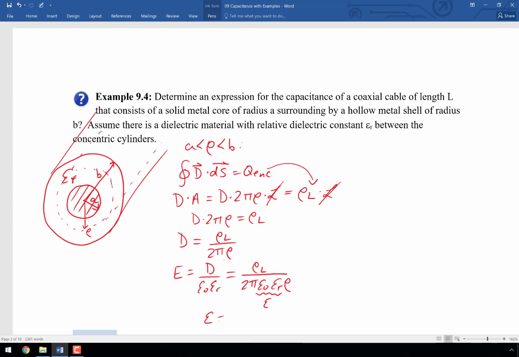Remembering that epsilon is equal to epsilon 0 times epsilon r. Pretty soon now I'll just stop reminding you of that, but it's still worth reminding you of it for today.